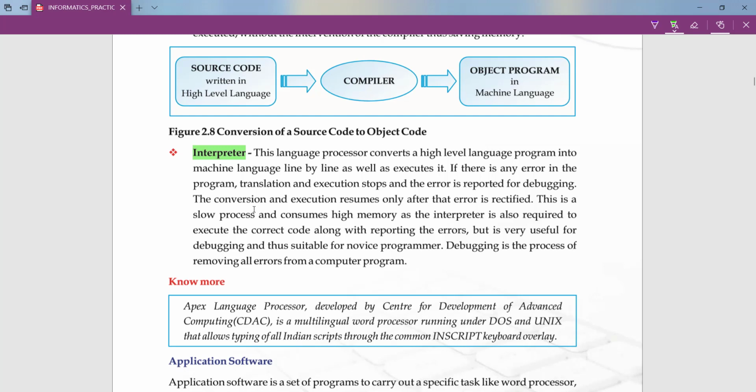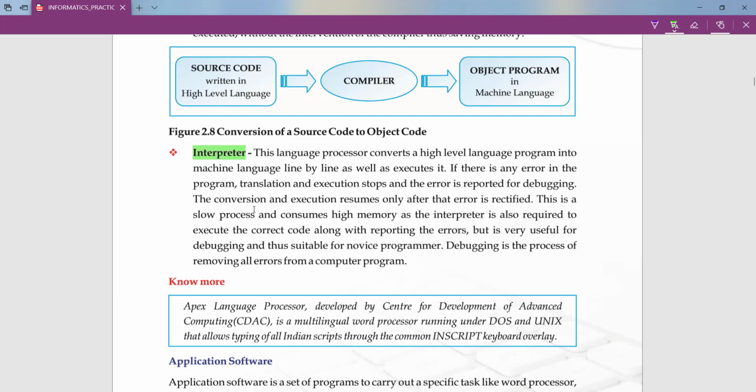The compiler compiles the whole program at once, but the interpreter converts the high level language program into machine language line by line. It works line by line. This is the difference between compiler and interpreter.